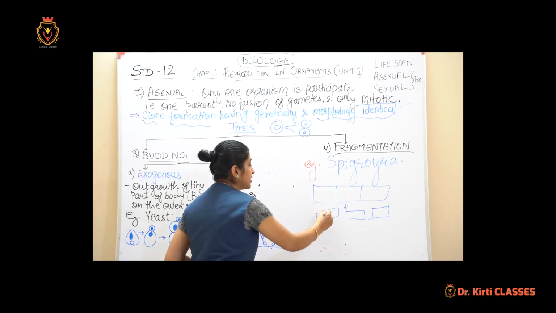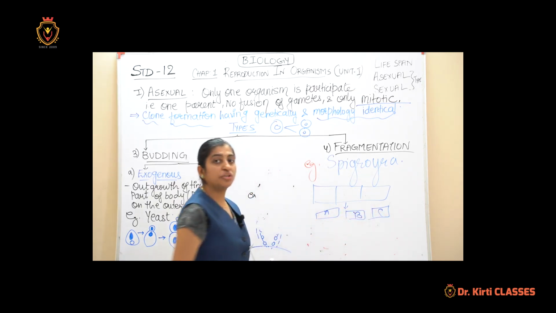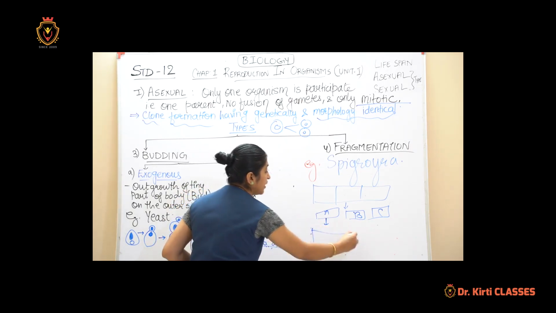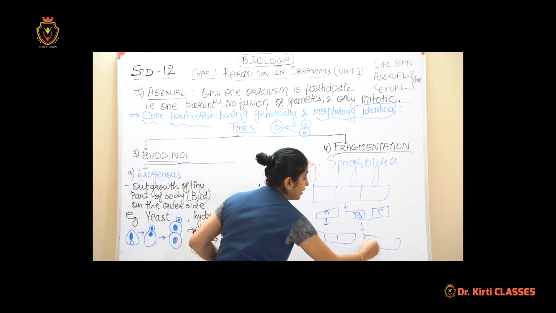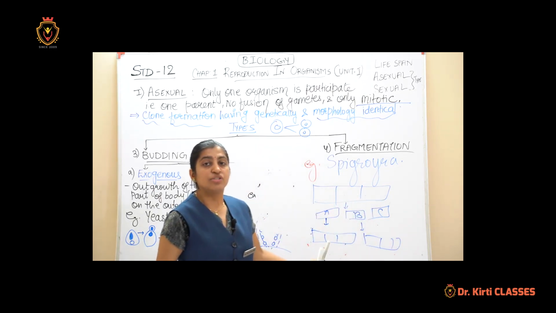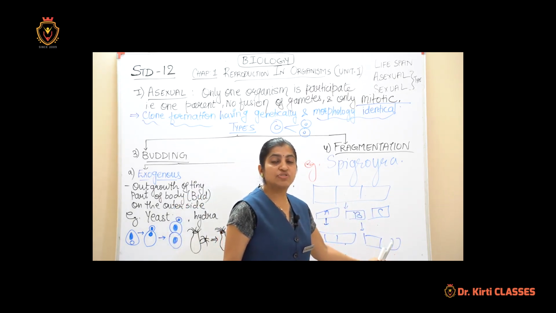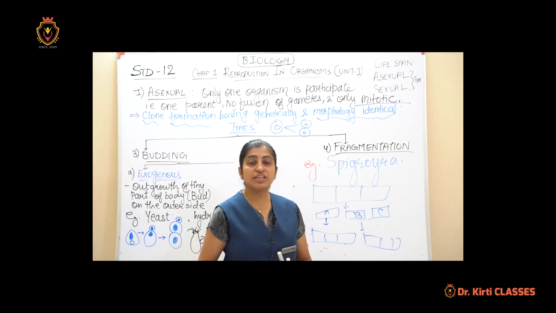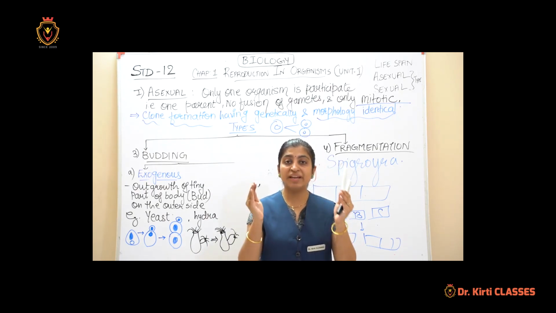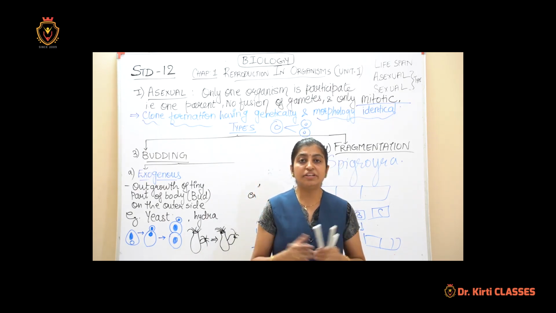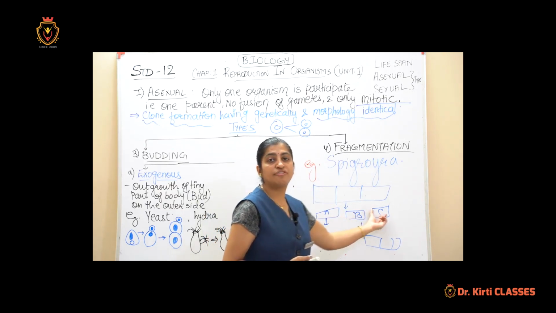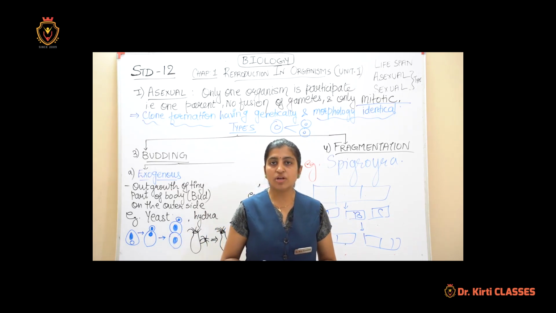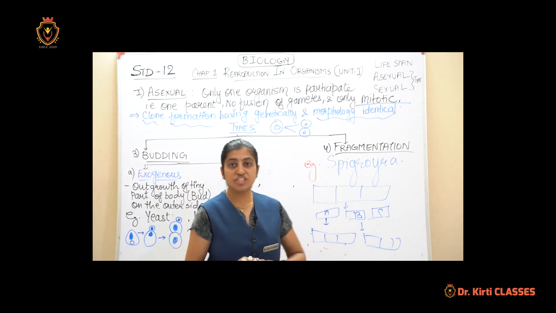For example, this whole body is divided into three fragments, A, B and C. Individual A will grow from its own part, B from its own part, and likewise C. This type of asexual reproduction is known as fragmentation. I repeat, the main parental body will be divided into small fragments, and each fragment will grow into a new living organism. That is the example of Spirogyra.